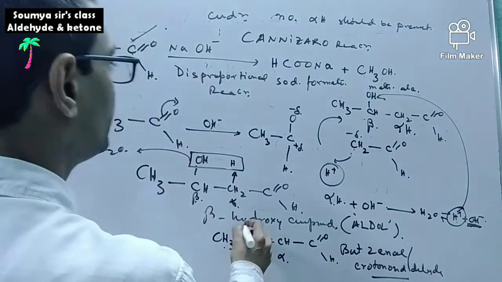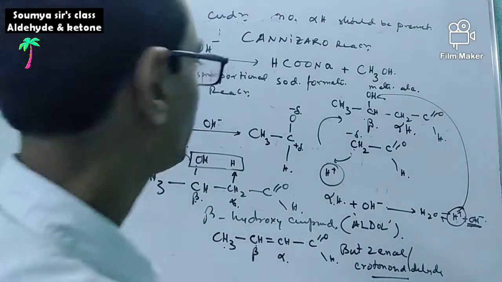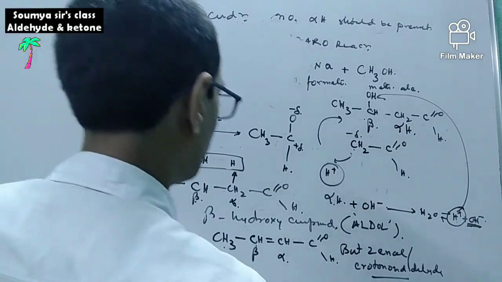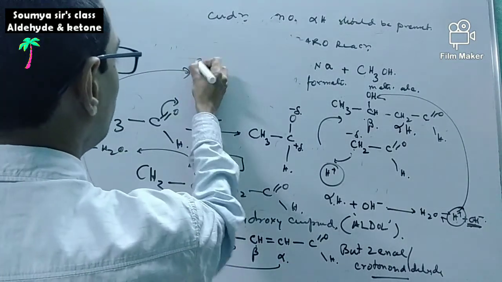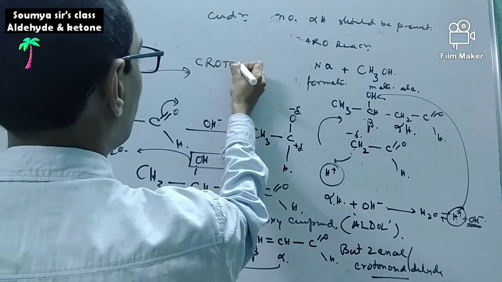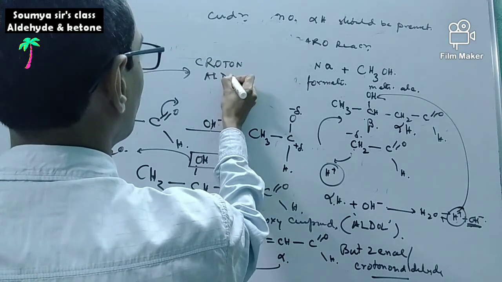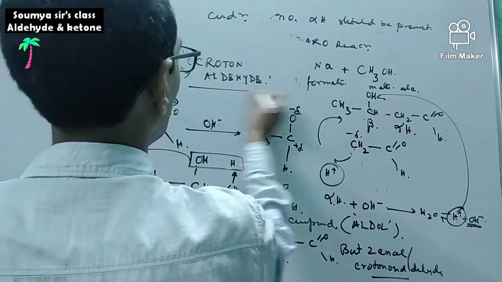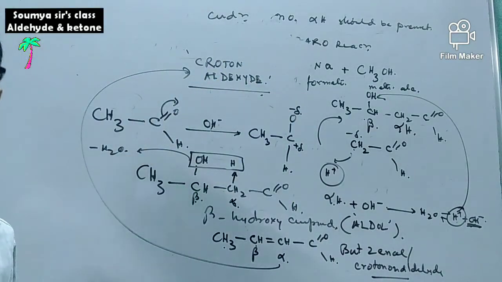I am writing here again the mechanism. Here the compound name is crotonaldehyde. So these are the general properties of aldehyde and ketone.